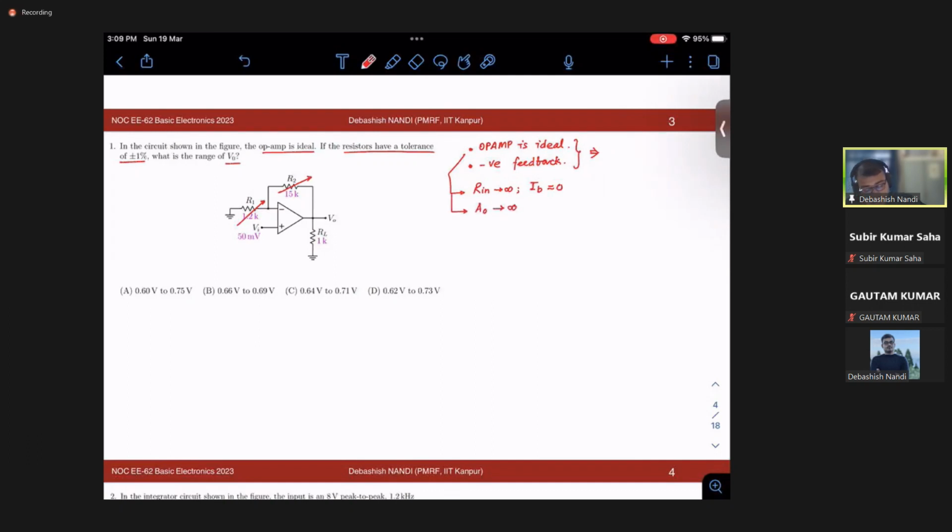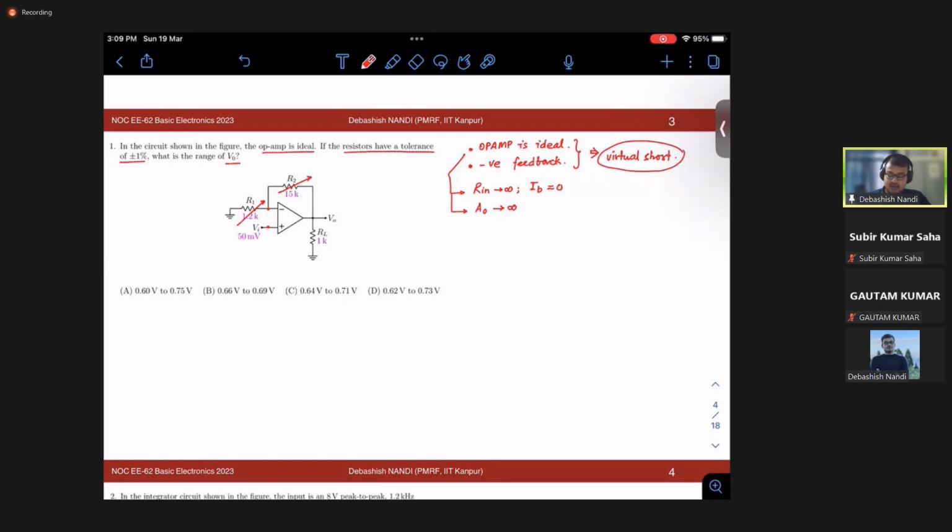So the consequence of these 2 points, that the op-amp is ideal and the circuit is in negative feedback, is that the 2 input ports of the op-amp can be assumed to be a virtual short.